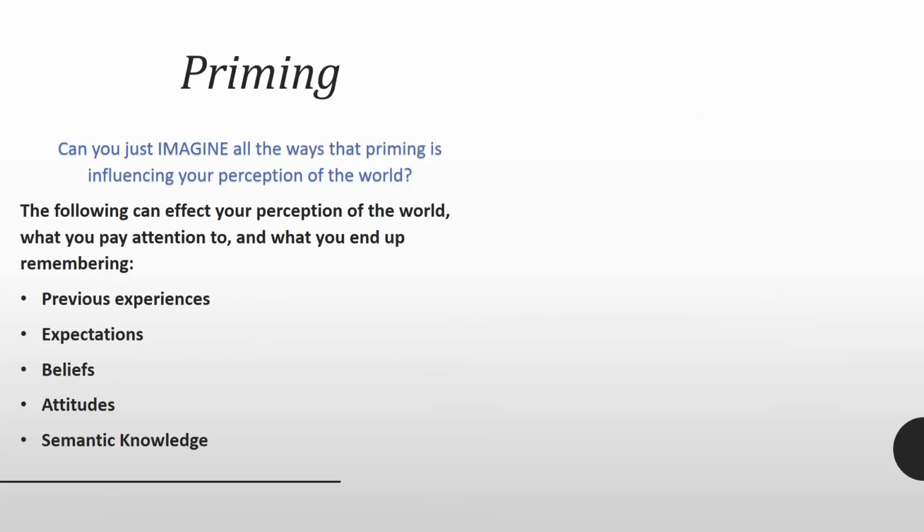Your attitudes and your semantic knowledge also have an incredible amount of influence on your memory and your perception. Your semantic knowledge was illustrated in that activity just prior, when we activated all those semantically related words and actually had you remember a word that wasn't even there. So that's an example of priming.